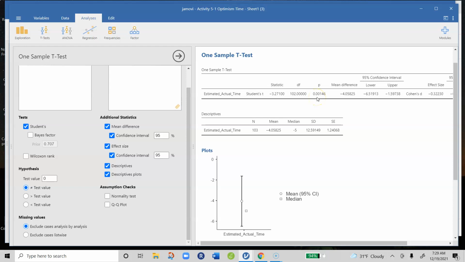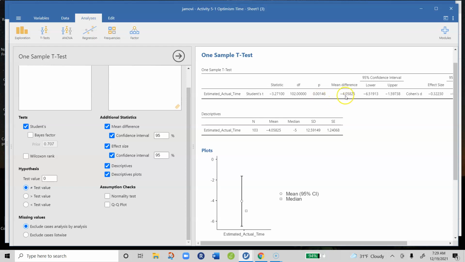Right? So that p-value tells us the probability that I would get a sample mean of negative 4.05825 or a more extreme sample mean if in fact the null hypothesis is true and students are not over or underestimating how long it takes them to take these tests.